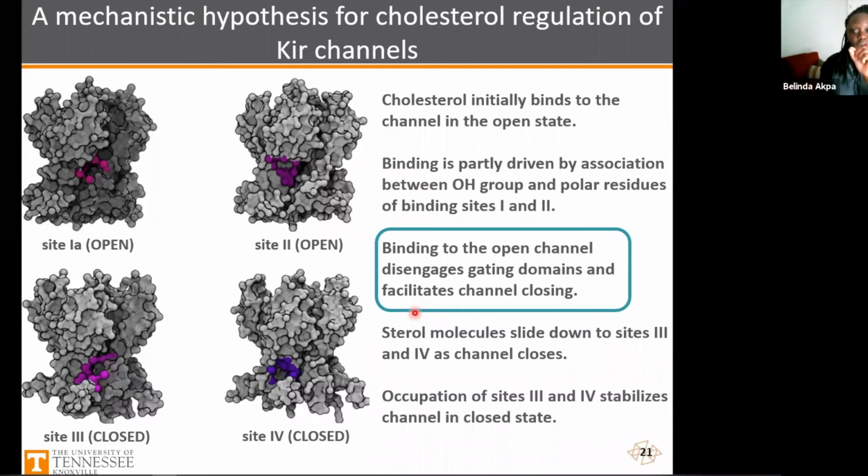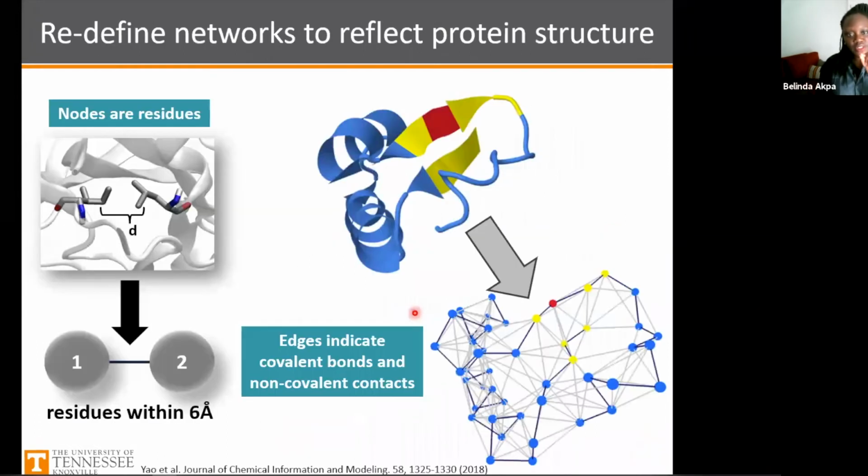I put forward this hypothesis, which is really related to protein function, and nothing I've shown you so far tells you anything about protein function. I want to just highlight the fact that with the exact same data set, we can go back to this concept of network analysis, and if we change how we're defining the nodes and the edges, that same data set can start to tell us about how the protein structure changes as a consequence of cholesterol binding.